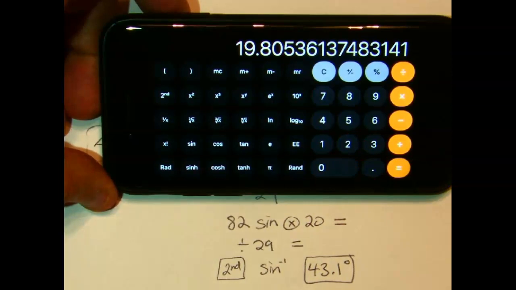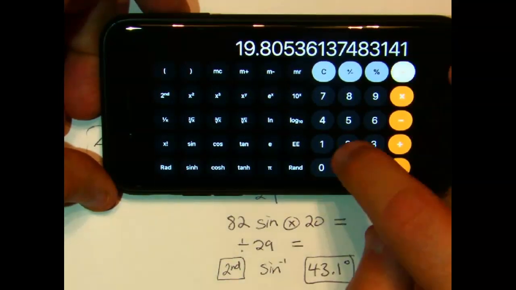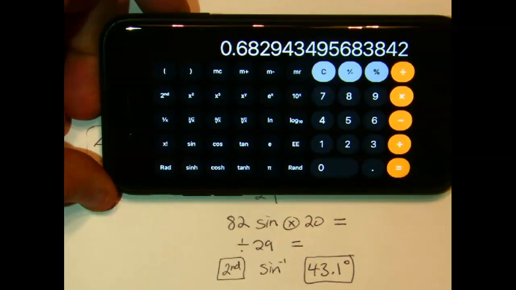You get 19.8, and so on. Now you're going to press divided by 29, equals, and you get this other decimal answer, but I need the angle measure.